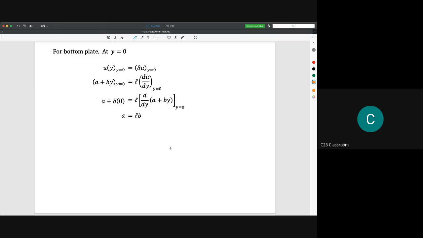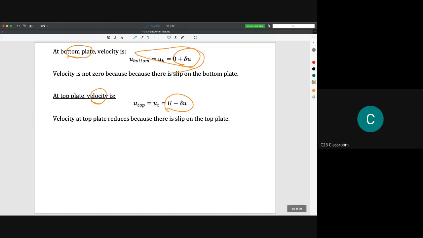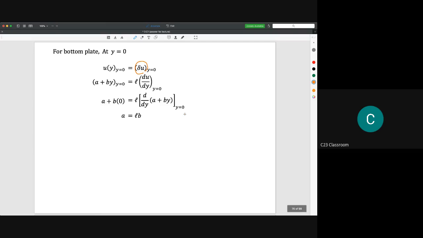Then we substitute the value of du, which comes from the equation that we have here. Then we could rearrange the equation and substitute the value of y equal to 0, so we get a equal to lb.